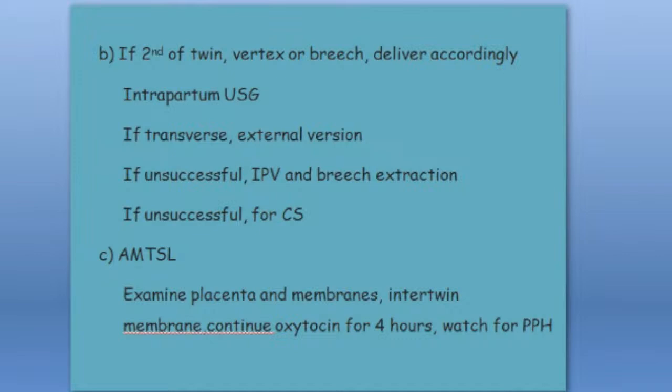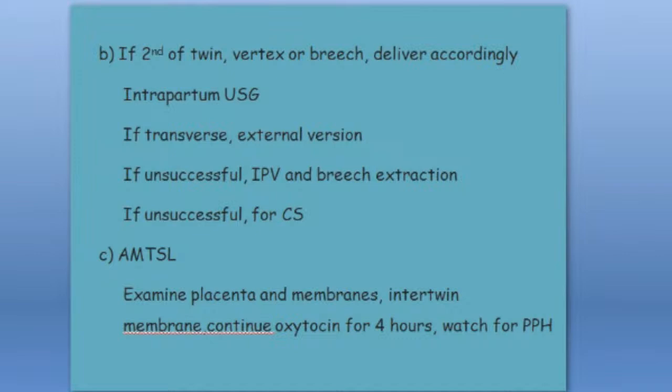All the more in a multiple pregnancy, where one of the most important complications of third stage is postpartum hemorrhage. So, examination of placenta and membranes soon after delivery is important, and ensure that the uterus has become well contracted and retracted at the end of the third stage.